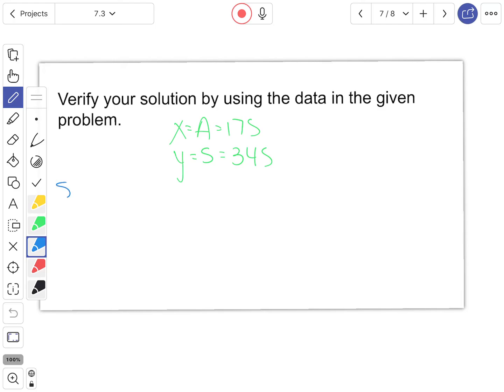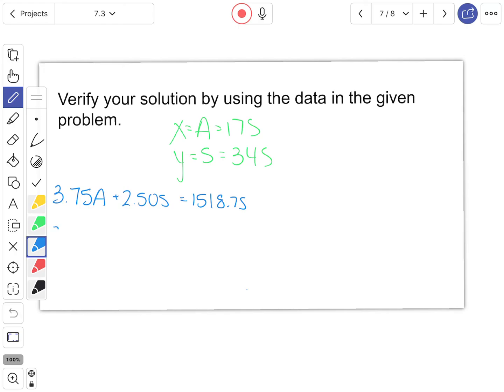Our first one was, we should write our original, not our manipulated, because what if we made a mistake when we were manipulating our equation? So we're going to use our original. Plus 250 s equals 151.875. I mean, you could use your manipulated version if you really trust your mathematical abilities, and I hope you do, but it's always good practice to just use what's in the question so there's no error.